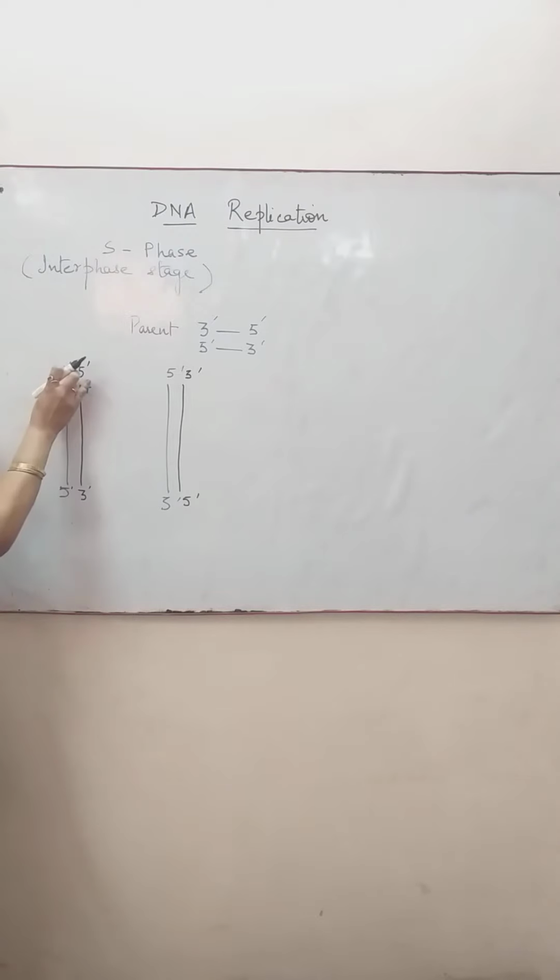So the base pair of the parent will automatically decide the new complementary strand, and this is how the genetic information is completely passed from the parent to the daughter nucleus, or daughter molecules.